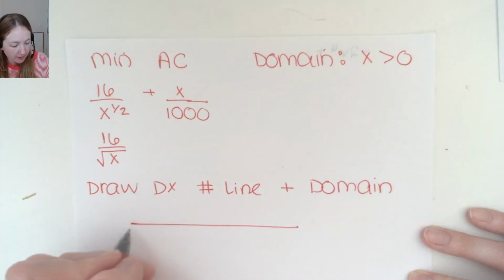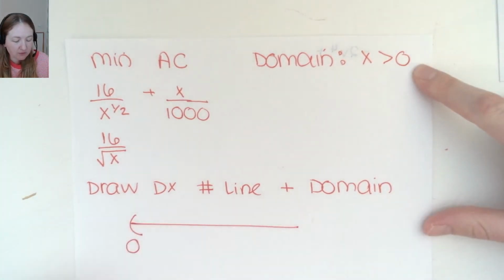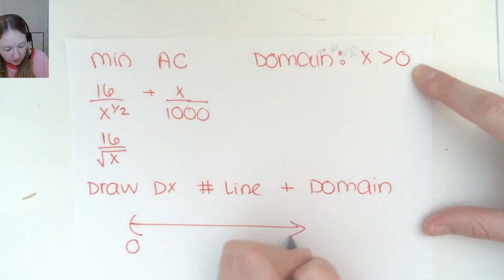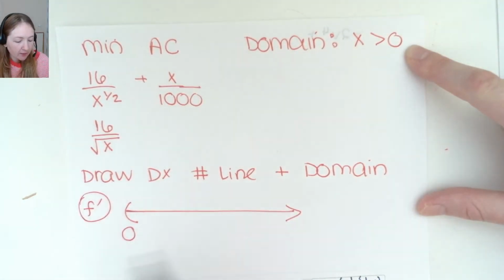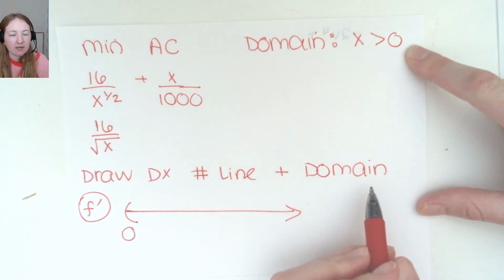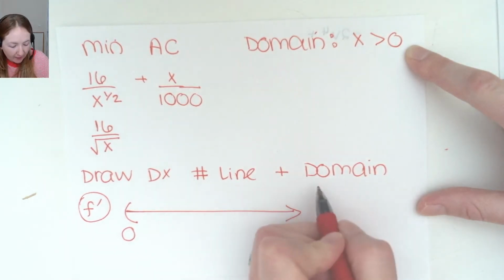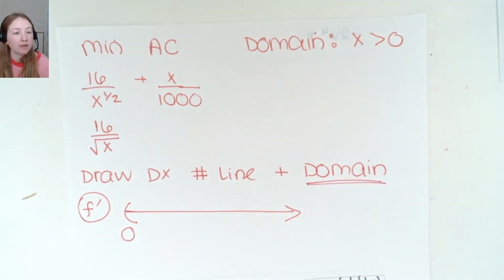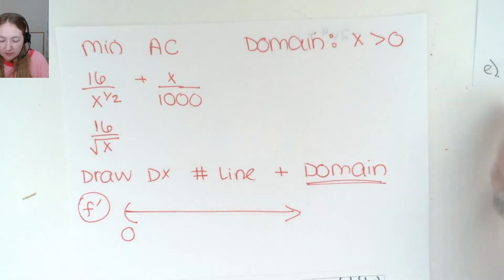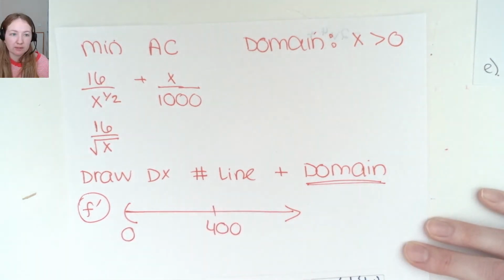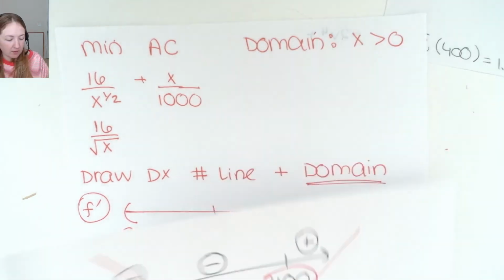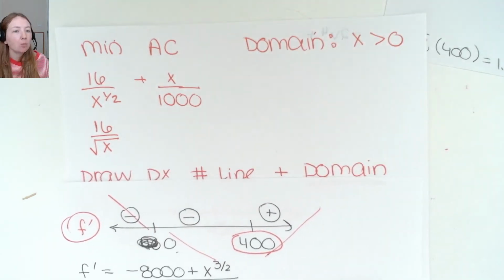What we should be doing is drawing a number line that starts at 0 and then goes out to infinity. That would be our derivative number line, keeping in mind what the domain actually is. So if you have that critical thinking part of what is my domain, then right there you're going to see that there's only really 2 intervals to test rather than the 3 intervals that we're getting when we're not thinking about our domain.